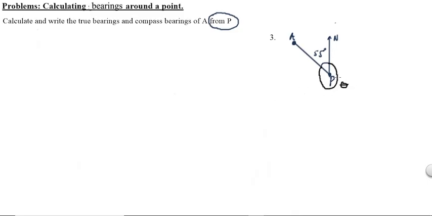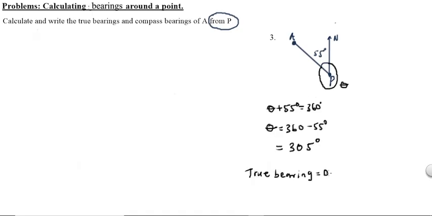So theta plus 55 is equal to 360 degrees. Then theta is equal to 360 minus 55 degrees. From here, 360 minus 55 is 305 degrees. So the true bearing here is equal to 305 degrees.